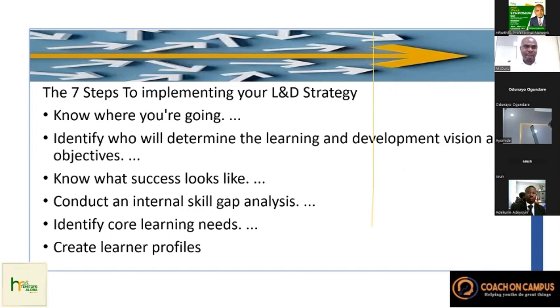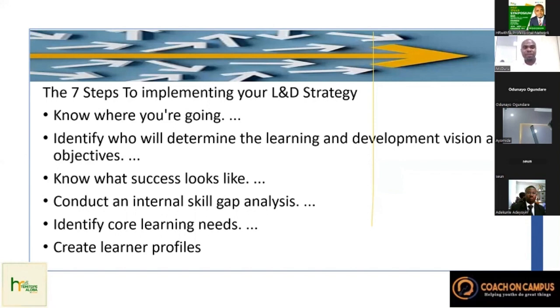Having designed the entire L&D strategy within your organization, the most important thing is to also implement it. Because what use is an L&D strategy that cannot be implemented, or that is bogus or ambiguous? Here are a few steps you can practically use in implementing your L&D strategy, whether in a small or bigger organization.